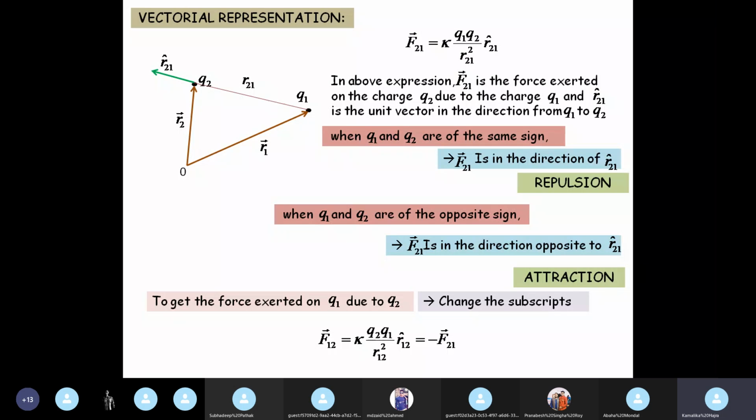I don't know whether you paid attention to this matter when you studied electrostatics earlier, but I want you to keep attention to this: the force on q1 due to q2 and the force on q2 due to q1 have the same magnitude but are oppositely directed. So they are two different vectors. You have to remember that.